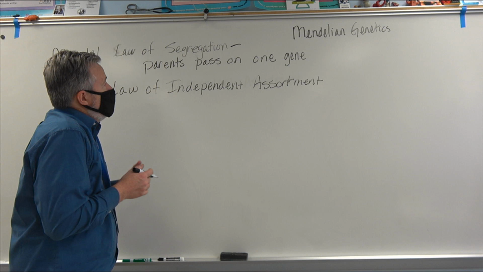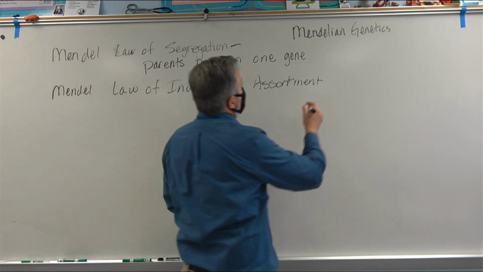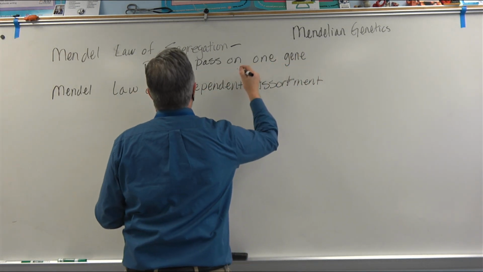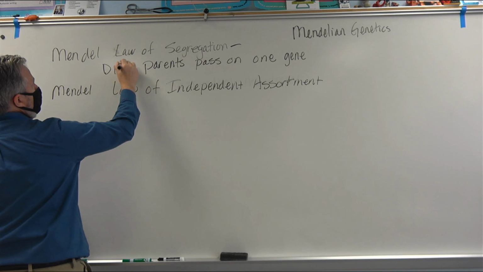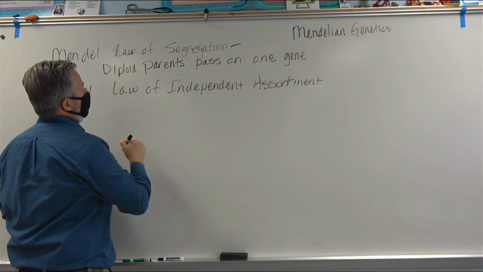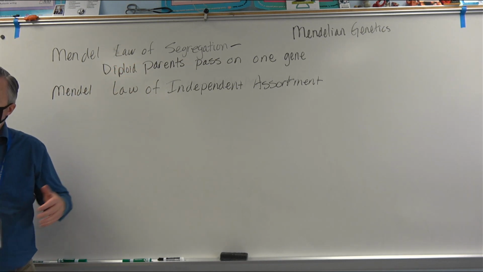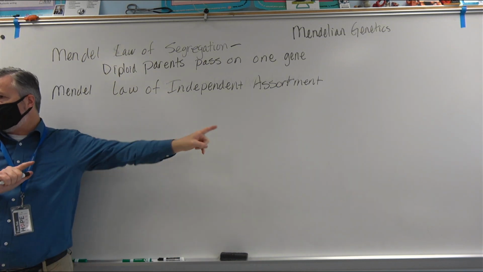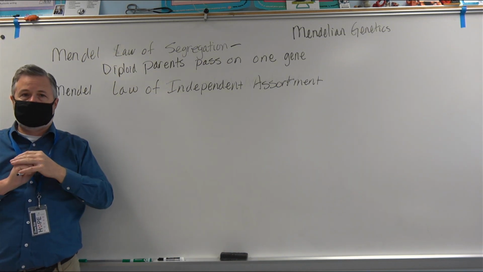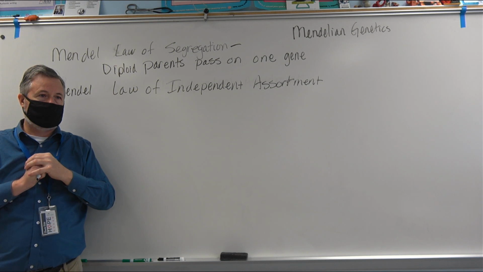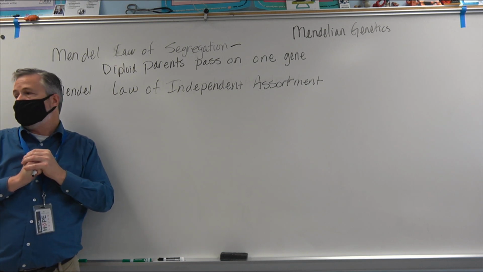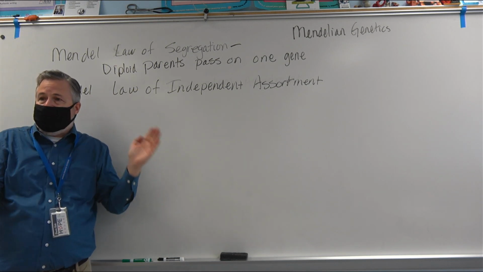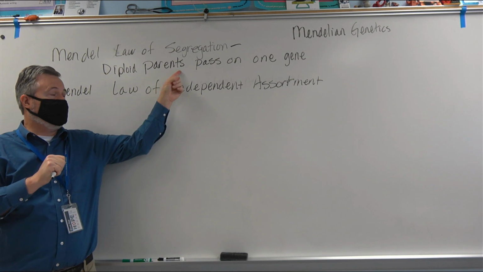So remember, you got to remember that the parents are diploid, right? And what they do is they create through meiosis that haploid sex cell, and so one of their pair of genes gets passed on. That's what that says. Law of segregation: the diploid segregates out to haploid. That's what this is about.